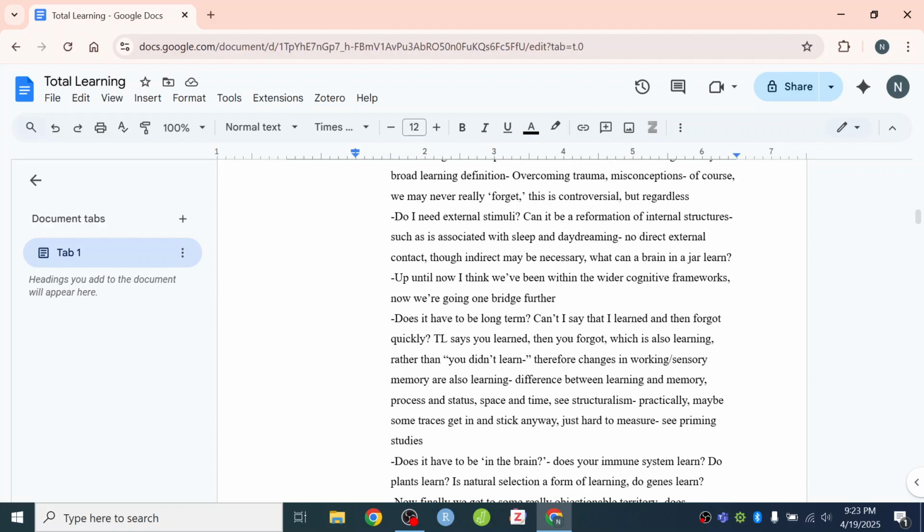Does it have to be in the brain, as far as people are concerned? Does your immune system learn? You get infected with a new virus, your immune system captures the virus, breaks it down, develops antibodies, and uses those antibodies the next time it encounters the same virus.